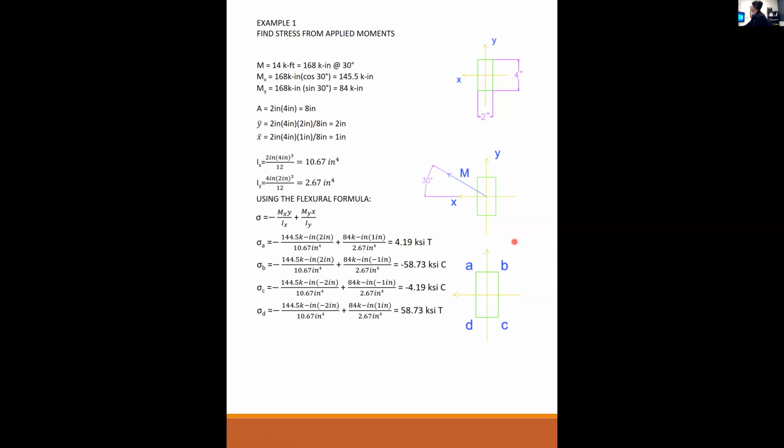So you're saying the moment is this way. Then your Mx is going to be negative, but your My is still going to be positive.